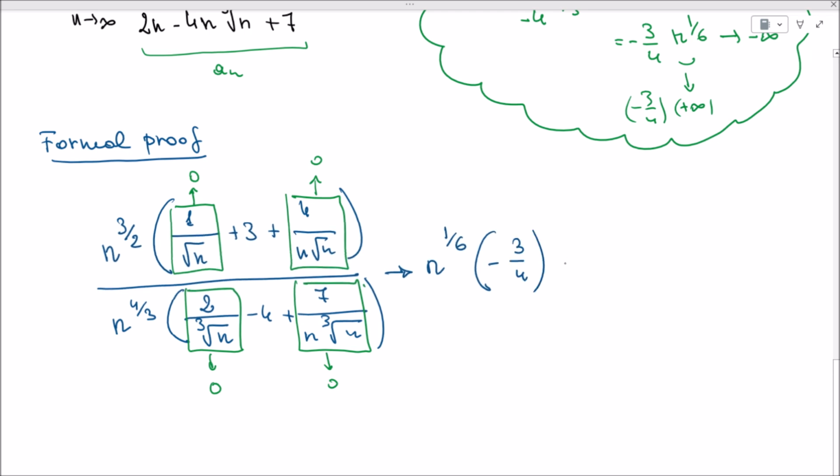And clearly this is because this will tend to plus infinity. Plus infinity times a negative number, this of course will provide minus infinity.